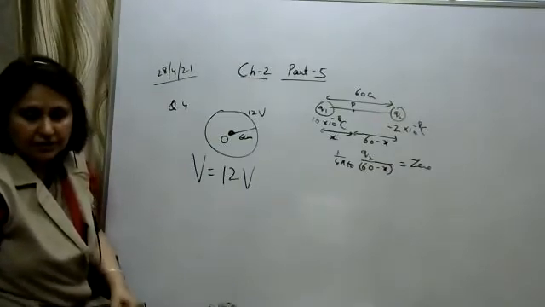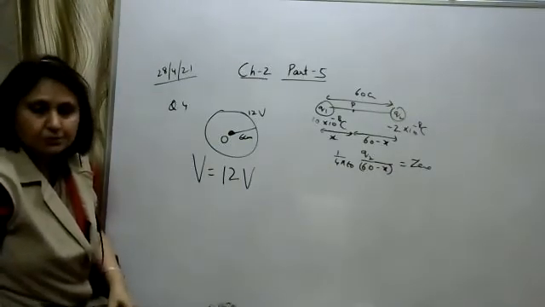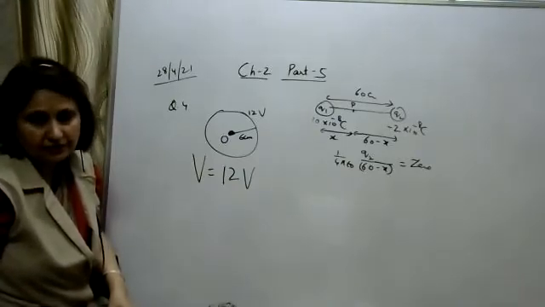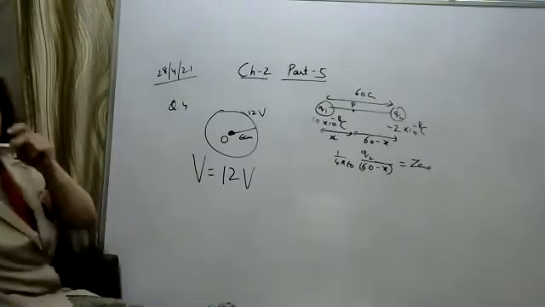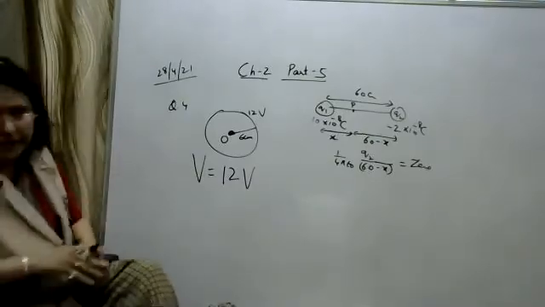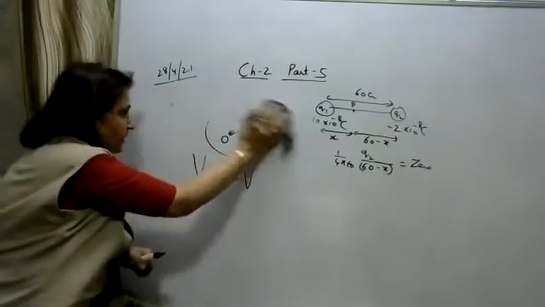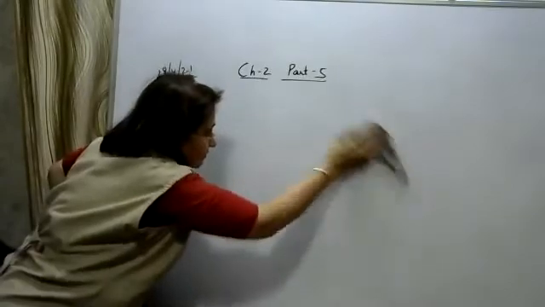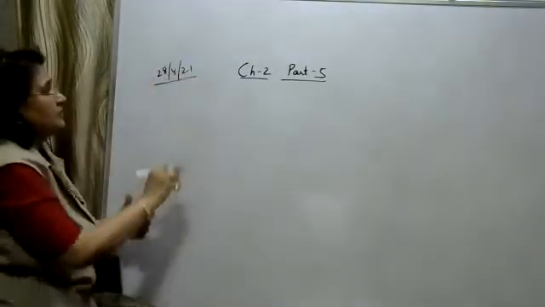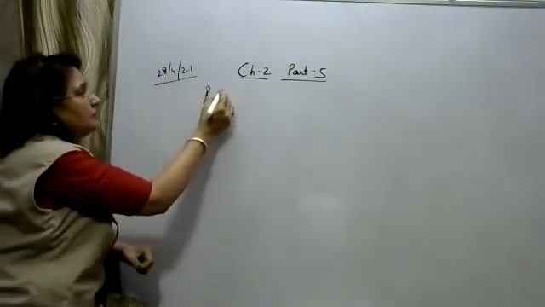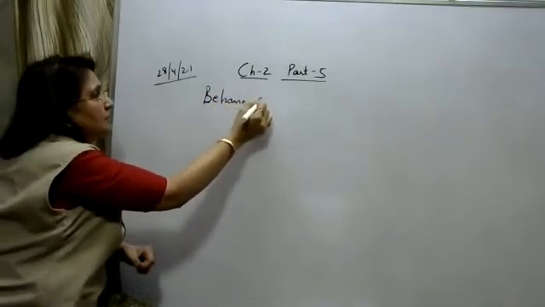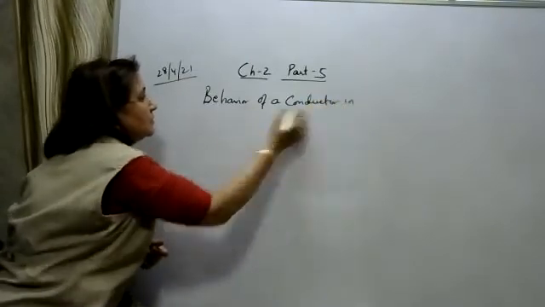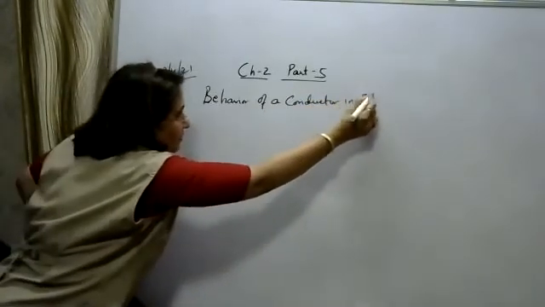Now let's proceed. Let's keep a conductor inside a uniform electric field. Let's see what the properties are. So write the heading: Behavior of a conductor in uniform electric field.